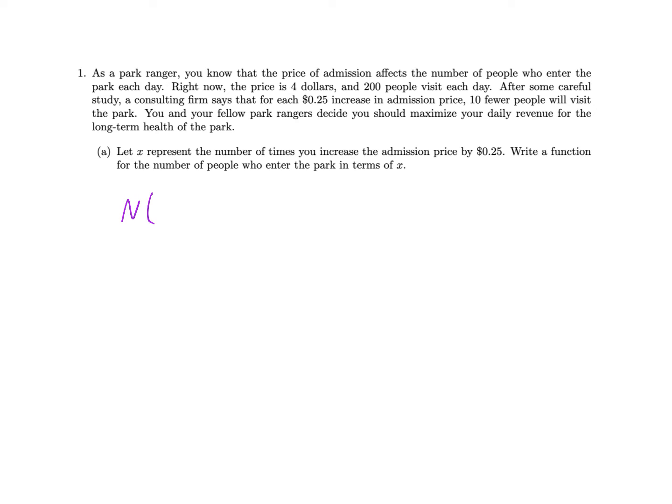So N for number of people in terms of X. Right now, 200 people visit each day, and that's going to decrease by 10 people every time you increase the price.